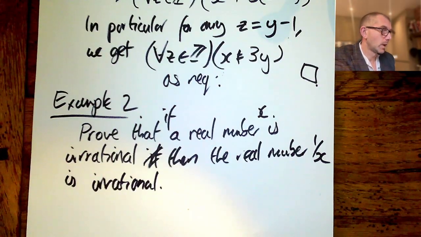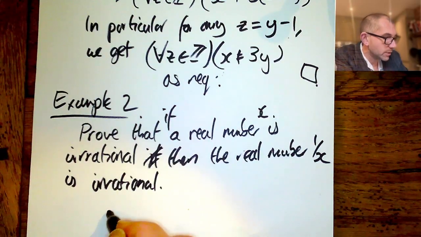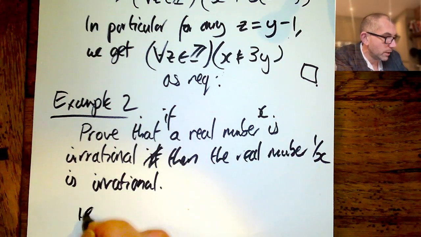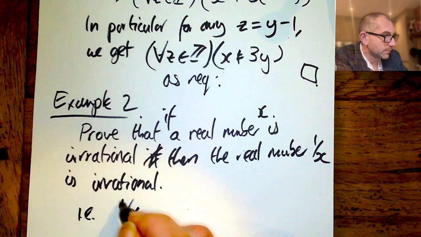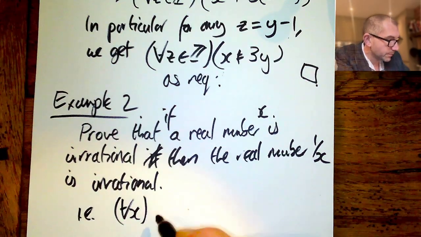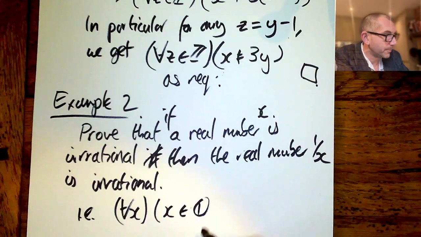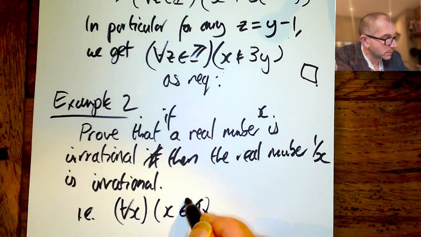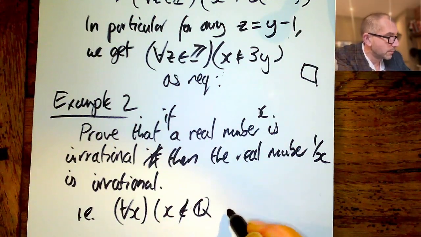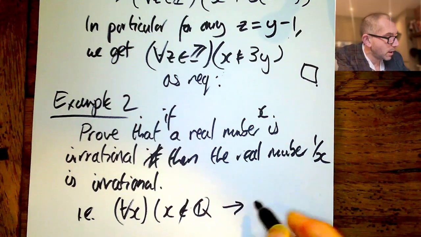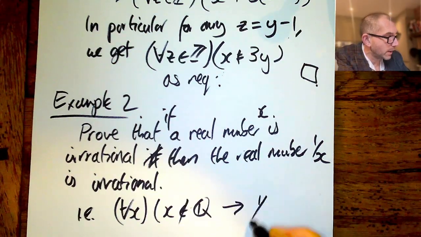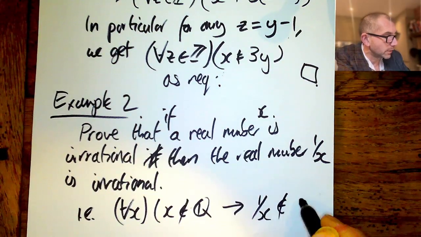Okay, so we're saying that this is really the statement, i.e. for all x, and we're over the reals, x is not a rational number implies that 1 over x is not a rational number.